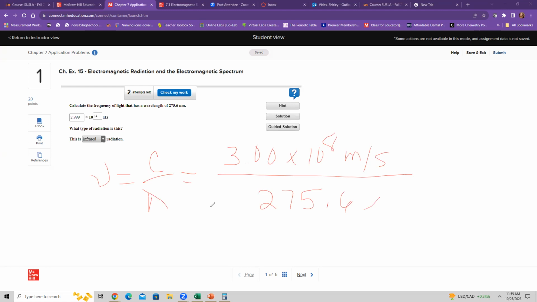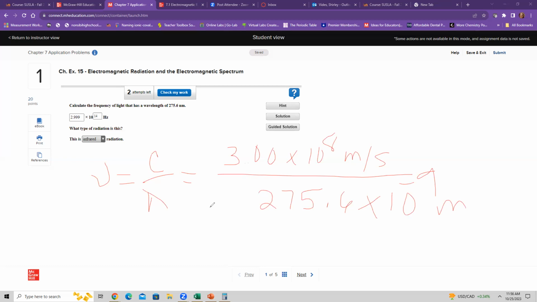So we need to multiply it by 10 to the negative 6 to make it meters. 9. See, I did it again. Nano means 9. I know this. Okay, 10 to the negative 9, there we go, to make it meters.